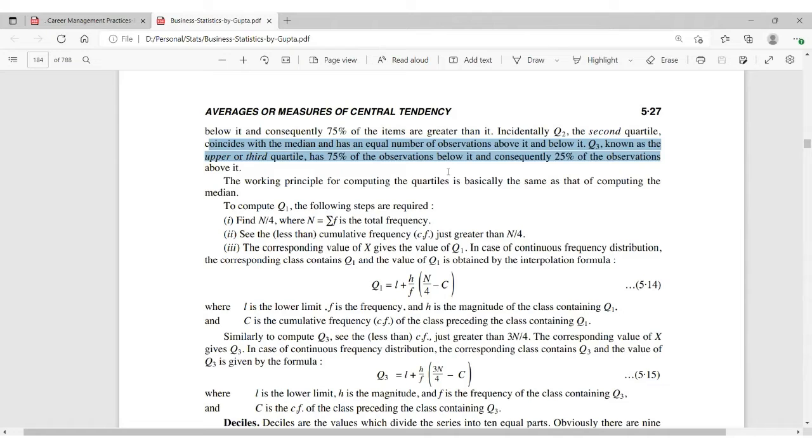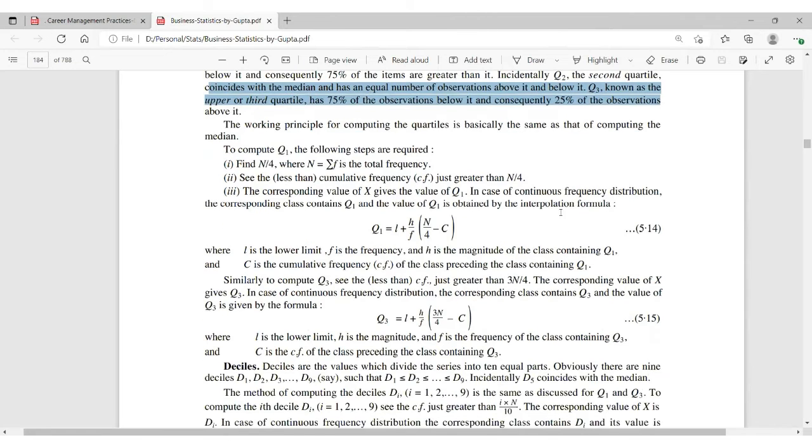Now, to compute Q1, the following steps are required. Find n by 4, where n is the summation of f. In the median case, what did we do? We found n by 2.